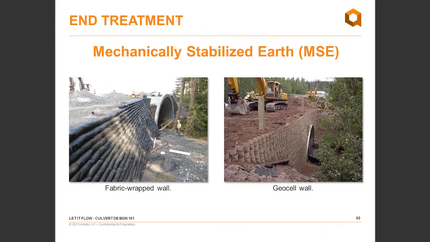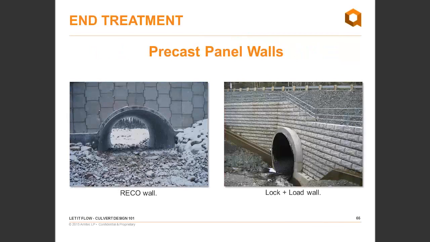Then we get into our geotextile end treatments, fabric wrap walls, or your geocell walls. Both these types use the natural fill and a geotextile or the geocell to act as your retaining wall, your end treatment.